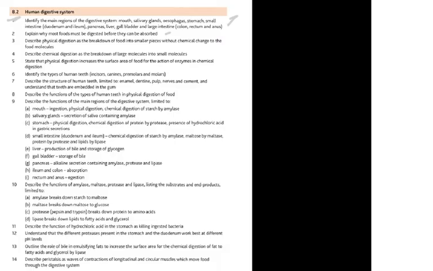Then state that physical digestion increases the surface area of food for the action of enzymes. Then identify the types of human teeth: incisors, canine, premolars and molars. Describe the structure of the human teeth and describe the function of the types of human teeth in physical digestion of food. I think that's all that we can handle up to in this video 1 to 8.